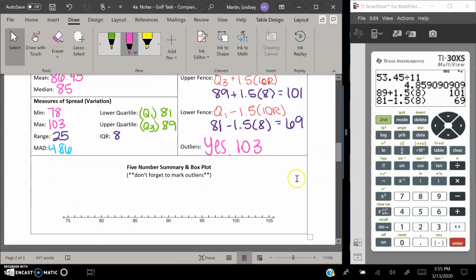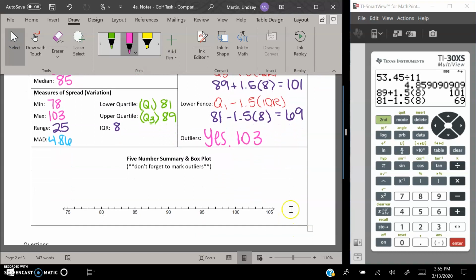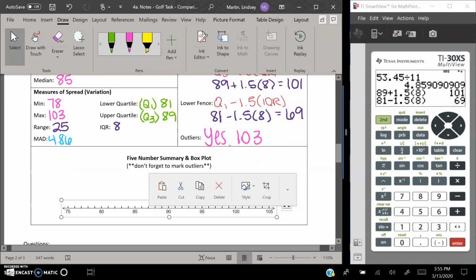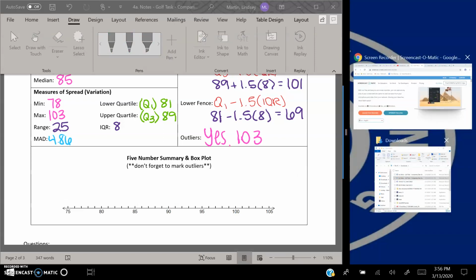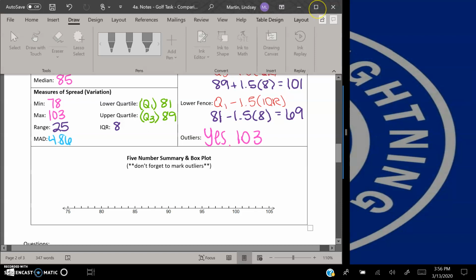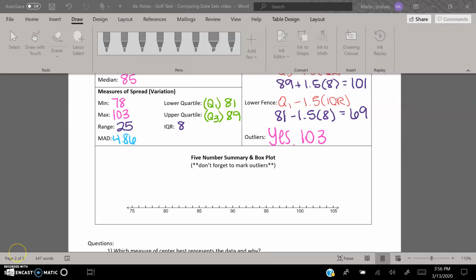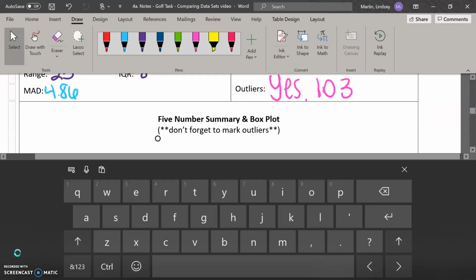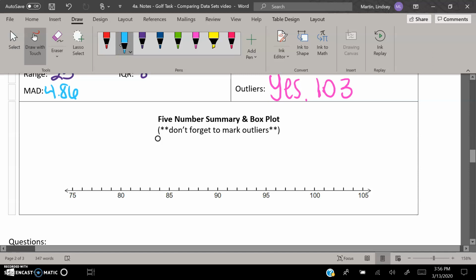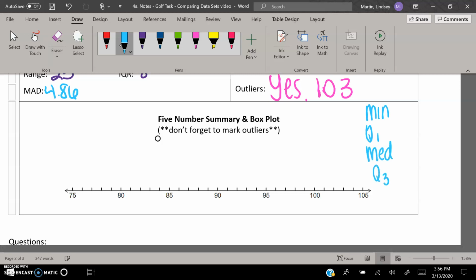Now I'm going to continue down to the bottom to do my 5-number summary and my box plot. Remember that the numbers I use for my 5-number summary are the minimum, Q1, median, Q3, and max.